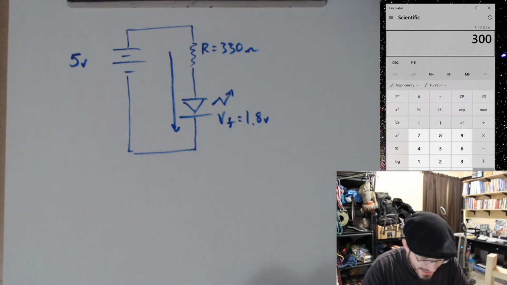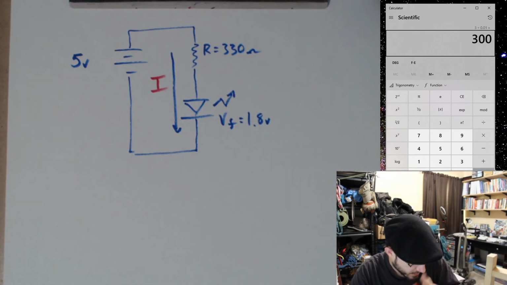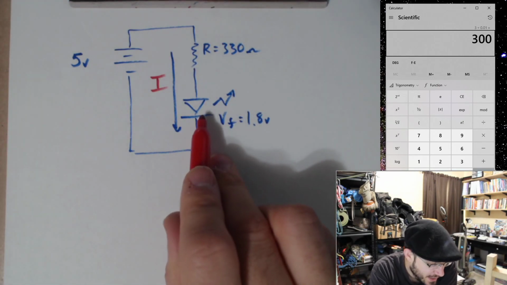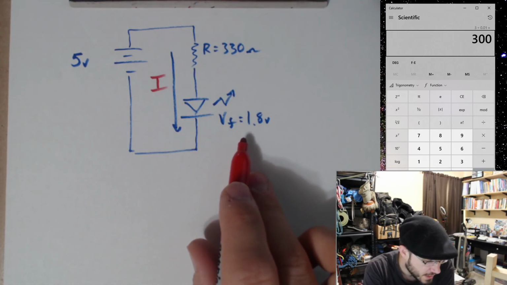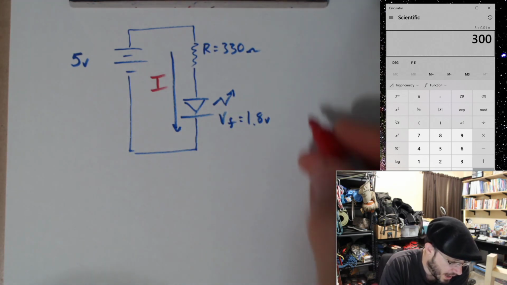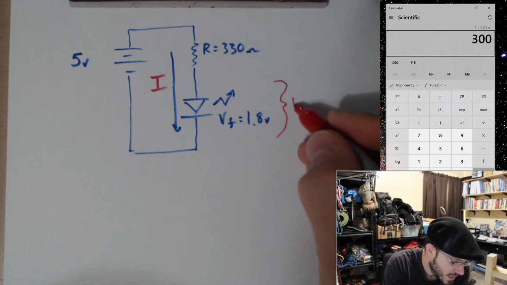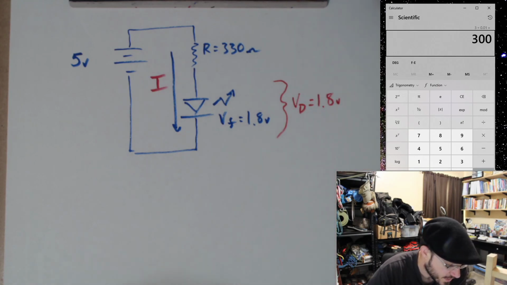Let's calculate what the current is going to be through this. If my diode's conducting and the applied voltage is larger than the forward voltage, then the voltage drop across it will be equal to V sub F. Therefore, V sub D is equal to 1.8 volts.